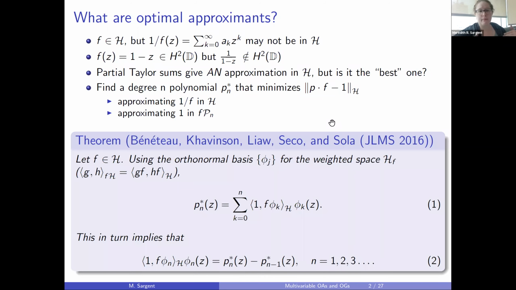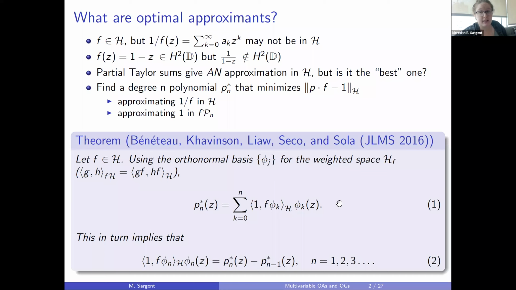Now, Benito, Havenson, Leah, Secco, and Sola in 2016 showed that you can get yourself an orthonormal basis in a weighted space, because remember, f times Pn is f times polynomials. Here's this weighted space where the only thing I'm doing is multiplying by the function when I do my inner product. And we know from linear algebra that you can write this out using your orthonormal basis, just with the inner product.